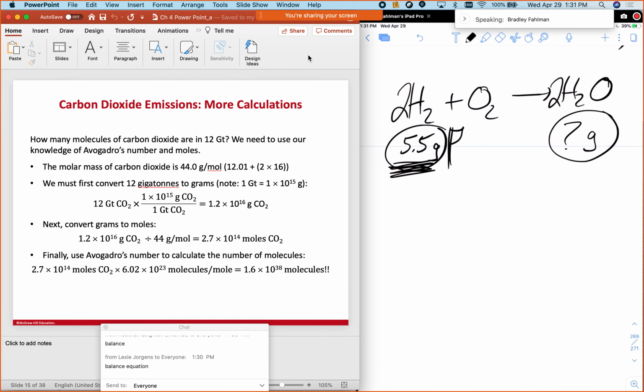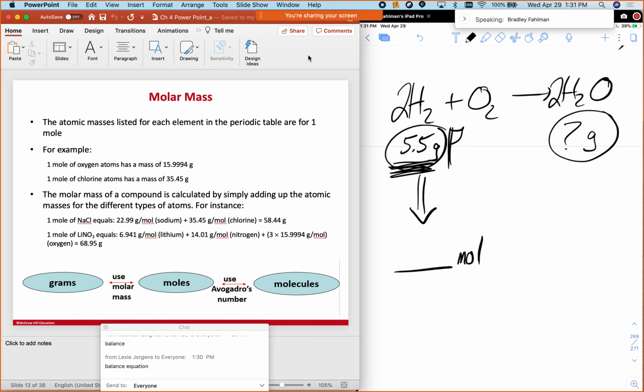For that, how do we calculate moles of hydrogen here? So you have 5.5 grams. You're here, and you want to go to here. So you're dividing by molar mass.